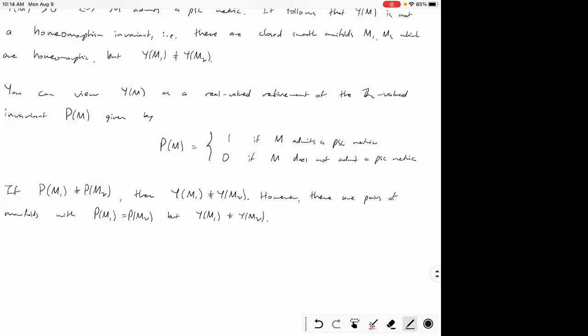And I can show that, in this example, the Yamabe invariant is, say, 0, and in this example, the Yamabe invariant is less than 0. So even though they both fail to have positive scalar curvature, the Yamabe invariants are different. So they're not diffeomorphic. These examples aren't easy to come up with, but they exist. So the takeaway is that this Yamabe invariant is an even stronger invariant than this one.